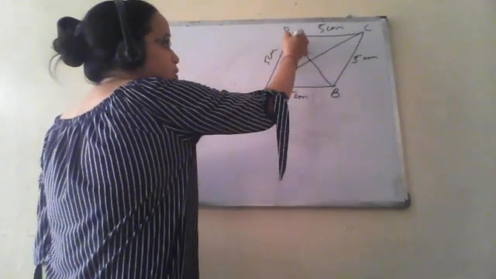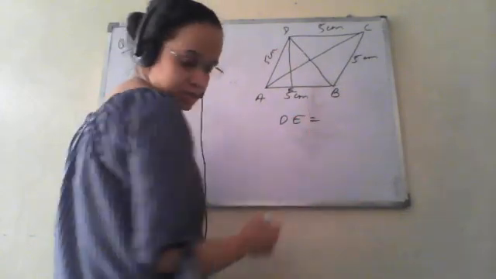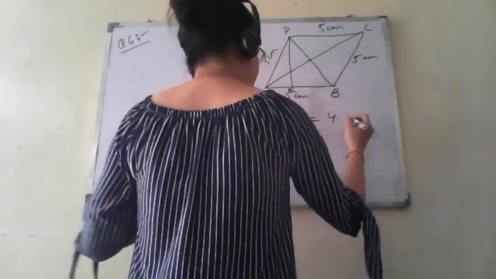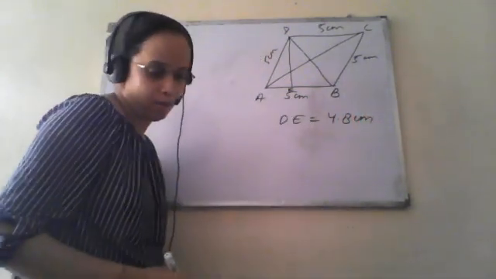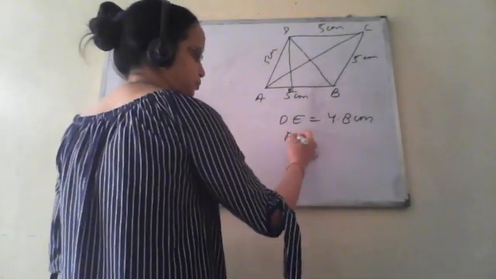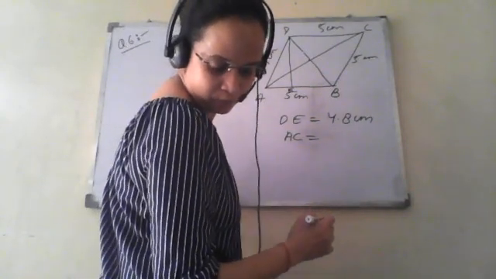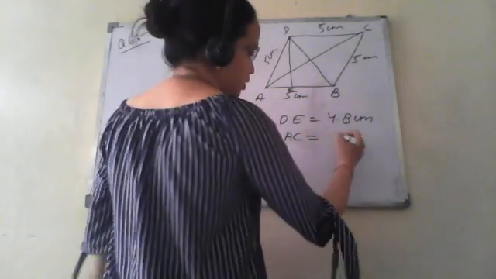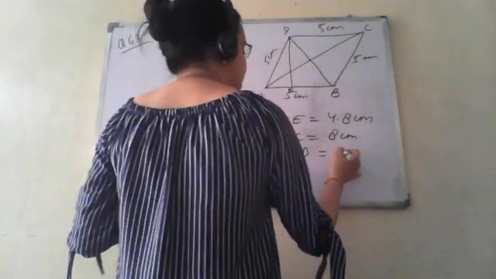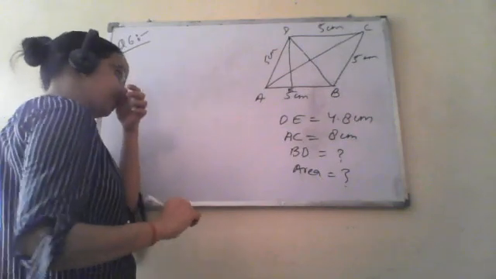If we draw the perpendicular distance, this DE, the value of DE is given as 4.8 centimeters. One of the diagonals, say AC, is given as 8 centimeter. So we have to find the length of BD, the other diagonal, and the area. So these two things are to be found.